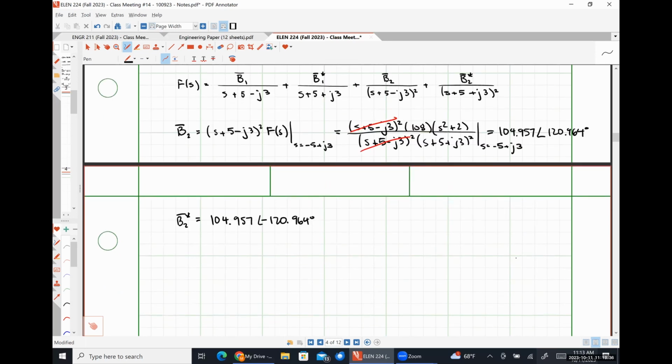To calculate B1, we are going to take the first derivative with respect to s of s plus 5 minus j3 quantity squared times f of s, and then evaluate this derivative at s is equal to negative 5 plus j3.